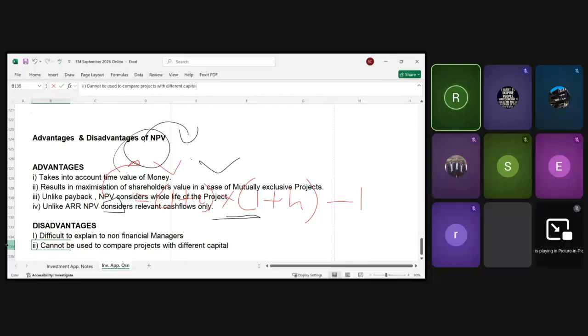If we have projects that require different amounts as initial investments, we cannot compare. It is biased towards a project that gives higher NPV, and definitely a project that has a high capital base is likely to give us higher NPV.